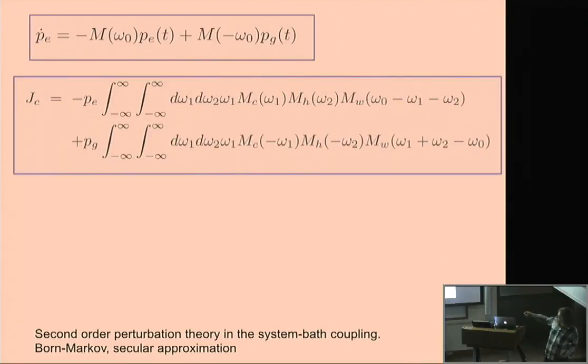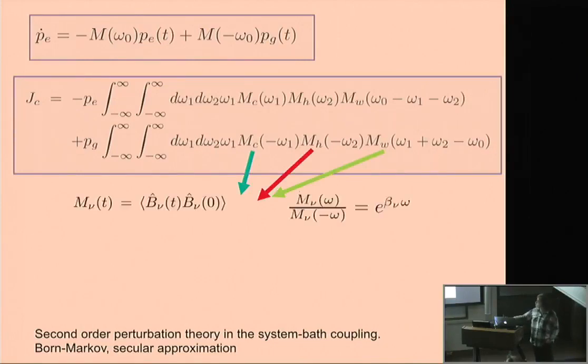It's a cooperative energy transfer process. If you are in the excited state, some energy goes to the cold bath, some of it goes or comes from the hot one, and the rest is exchanged with the bulk reservoir. I just want to highlight that these are 2-times correlation functions for these specific operators coupled to the system from each bath, and these functions satisfy the detailed balance with respect to these specific temperatures.